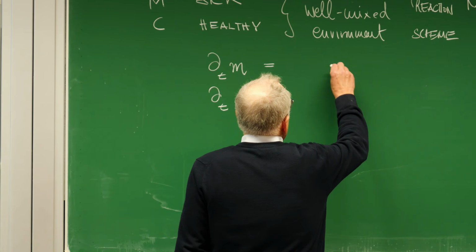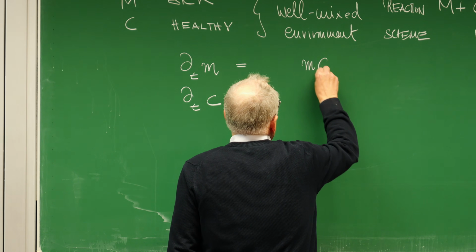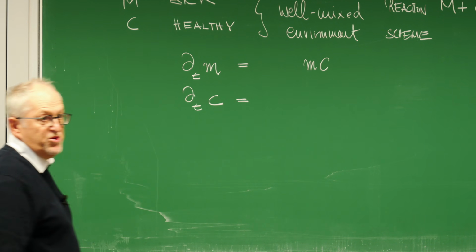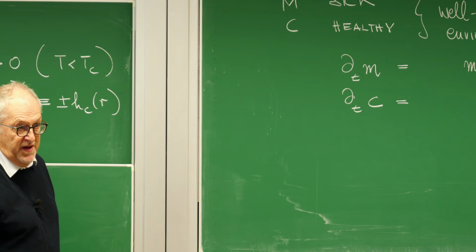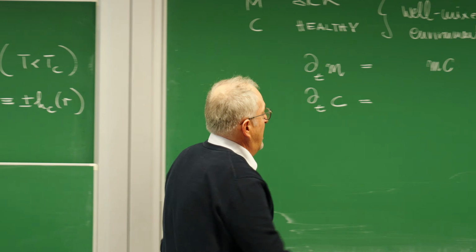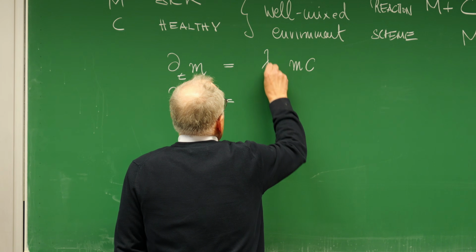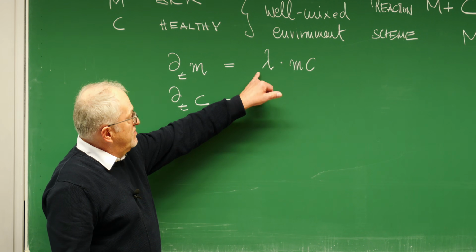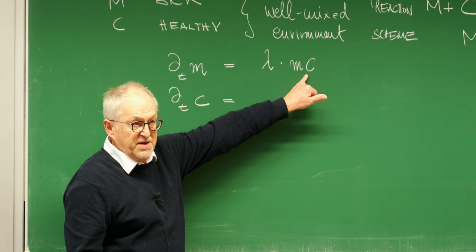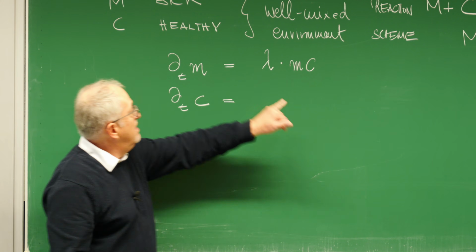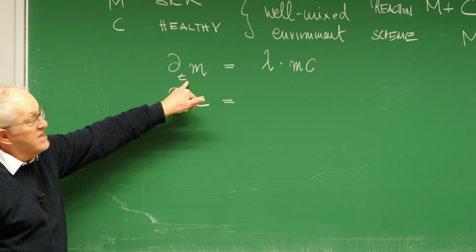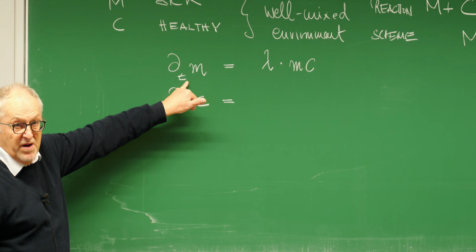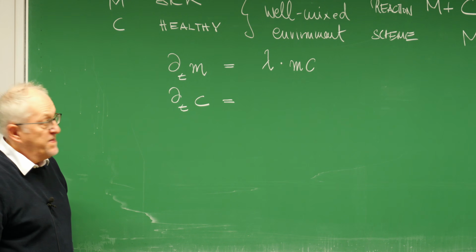Well, here we have, if M meets a C, right, so proportional to the density of healthy and sick individuals, infection happens. So I multiply this with a rate lambda, and that means with a rate lambda, if a healthy and sick individual meet, they increase proportionally the number of sick individuals.